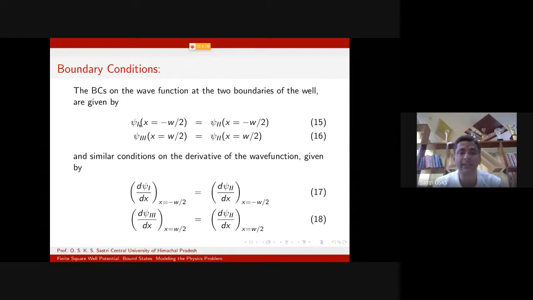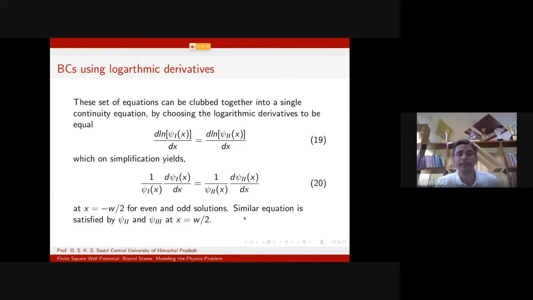That should happen at x equal to minus w by 2, and similarly you will also have an equation for psi2 and psi3 at x equal to plus w by 2.